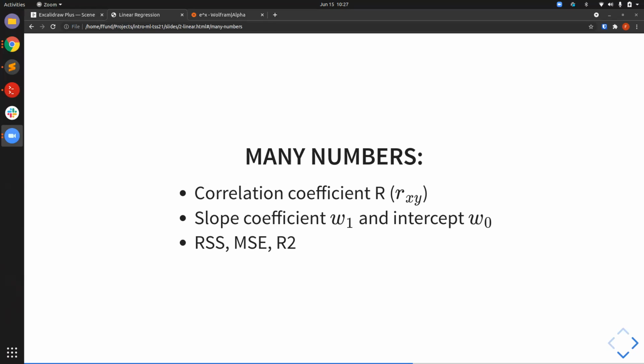Okay, so let us start with the correlation coefficient R. Is it a characteristic of the data alone, or does it also depend on the model?